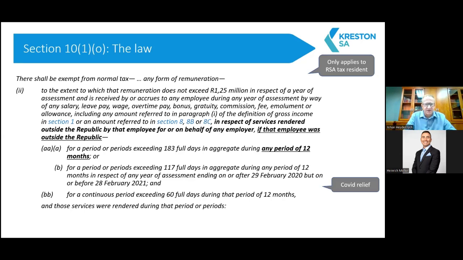It's remuneration to the extent to which that remuneration does not exceed 1.25 million rand. In respect of what? In respect of a year of assessment. So you get the 1.25 million rand for every year of assessment. Your year of assessment for a natural person is 1 March until 28 February. So that's the year of assessment. In that year of assessment, you get the 1.25 million rand.